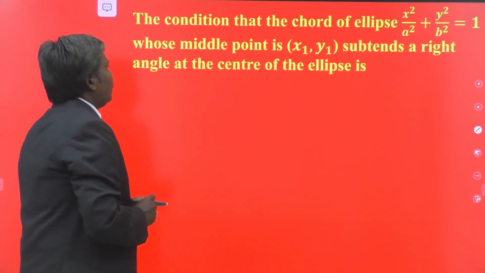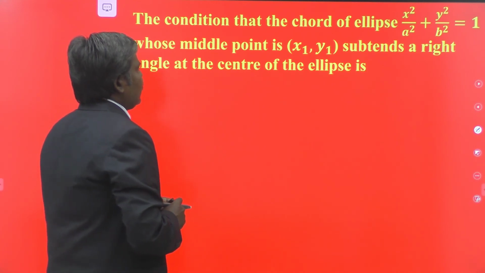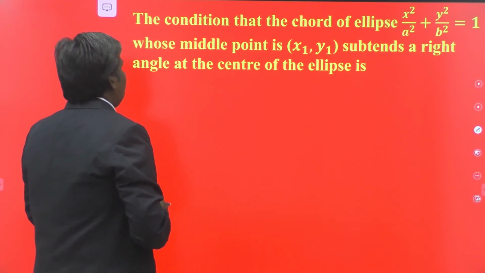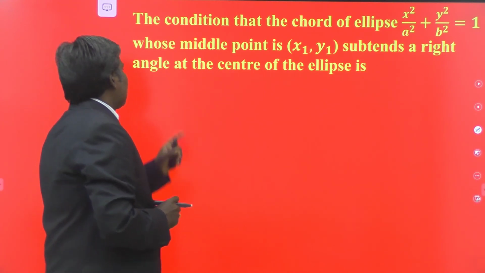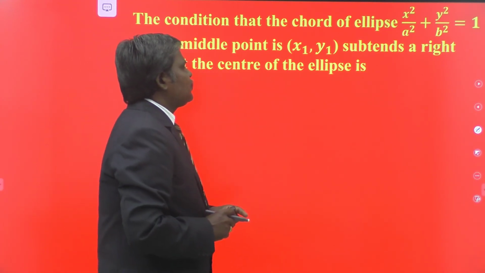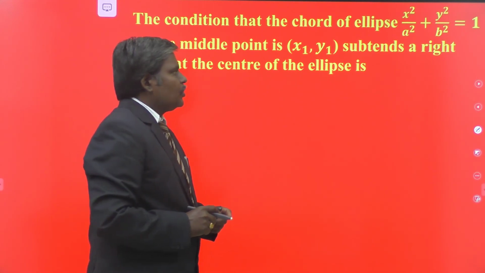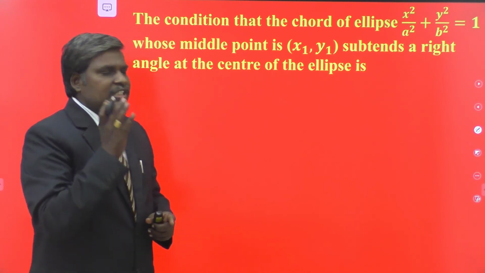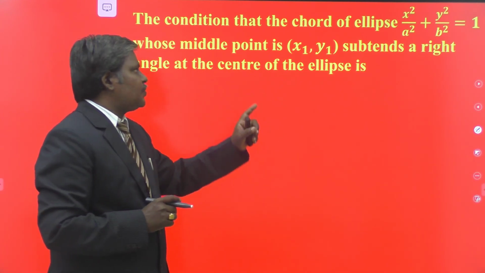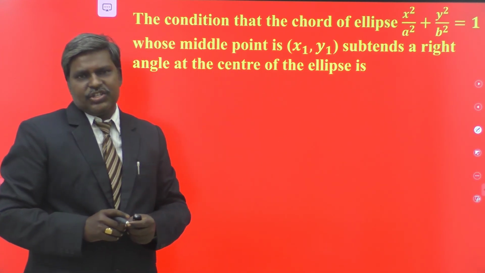See this one. The condition that the chord of the ellipse x²/a² + y²/b² = 1, whose middle point is (x1, y1), subtends a right angle at the center of the ellipse is what? So (x1, y1) is the midpoint of a chord of the ellipse that subtends a right angle at the center, and we have to find the condition.